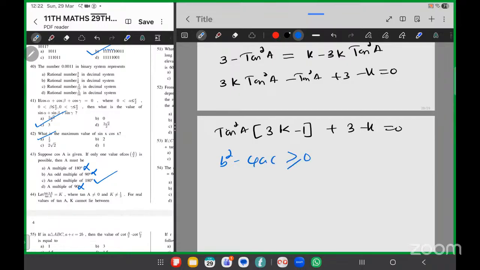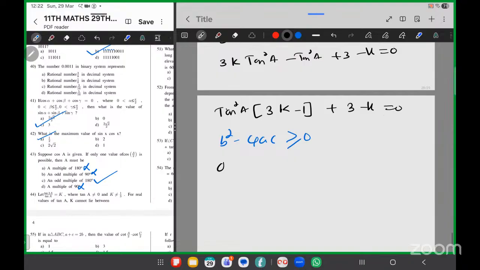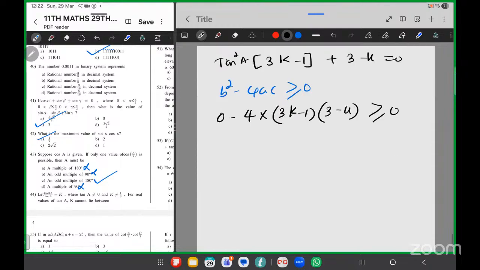That means minus 4 into (3k minus 1) into (3 minus k) should be greater than or equal to 0.